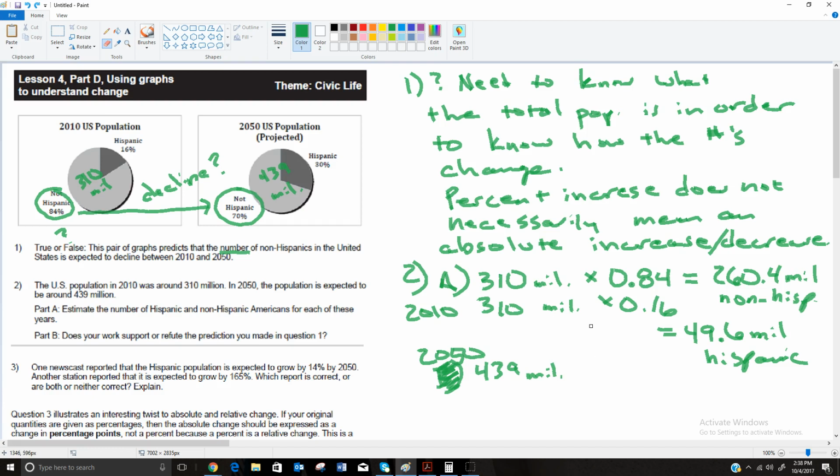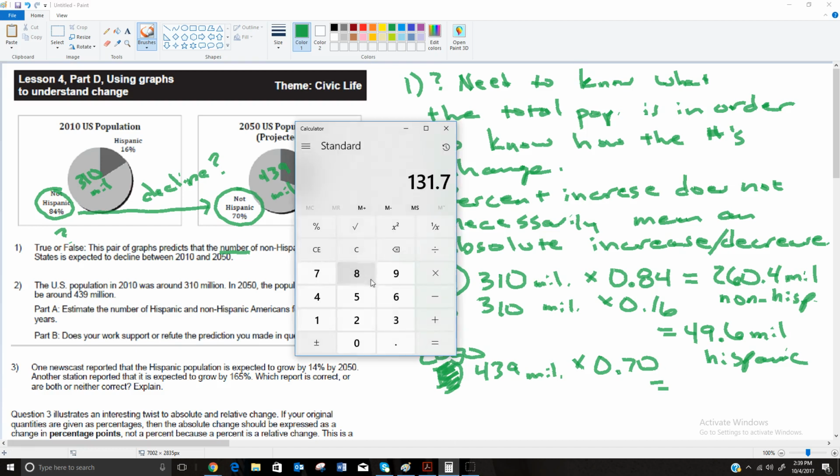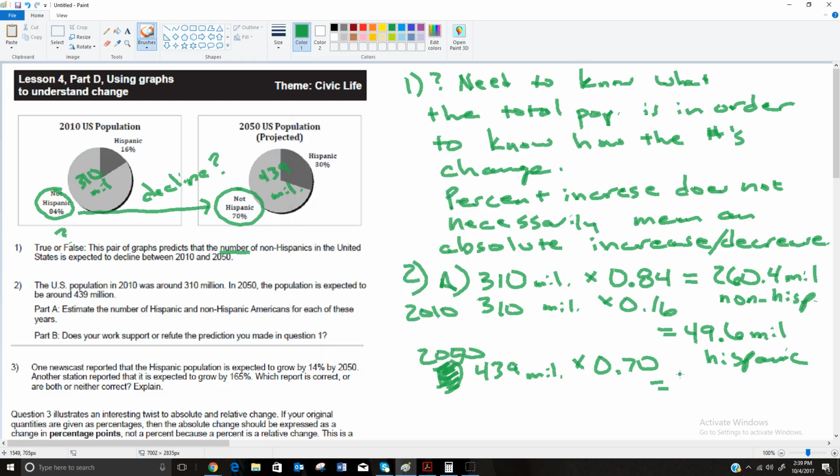Let me start with the 70%. So 0.70 would give us 439 times 0.70, or 0.7, and that gets us 307.3 million that are non-Hispanic.